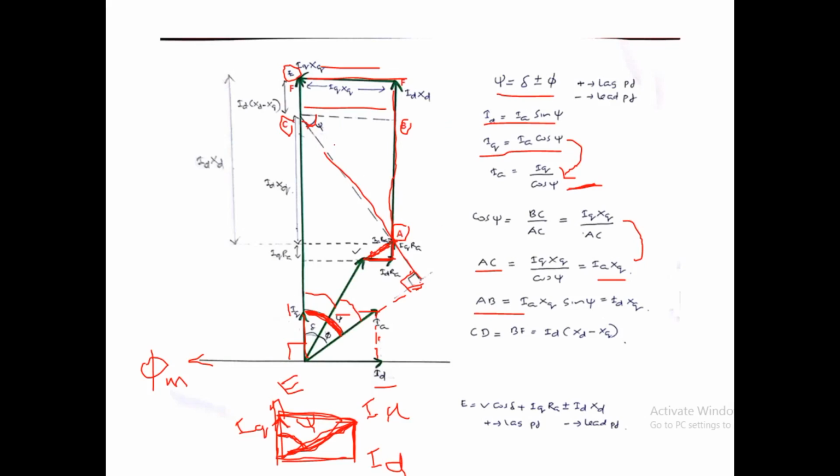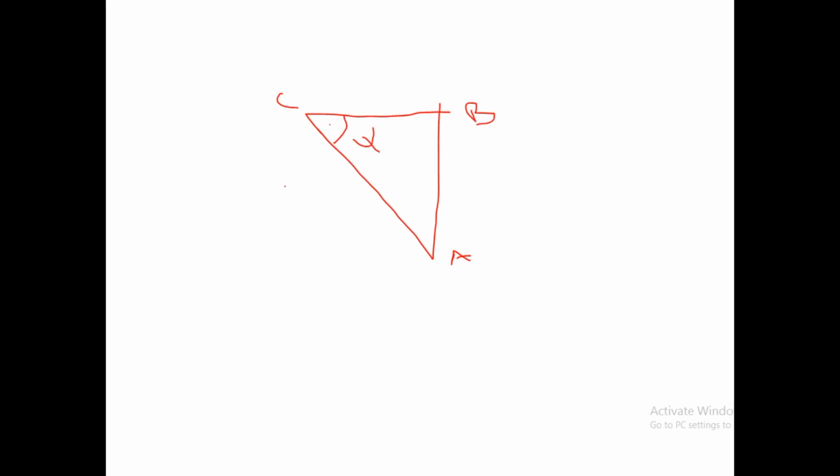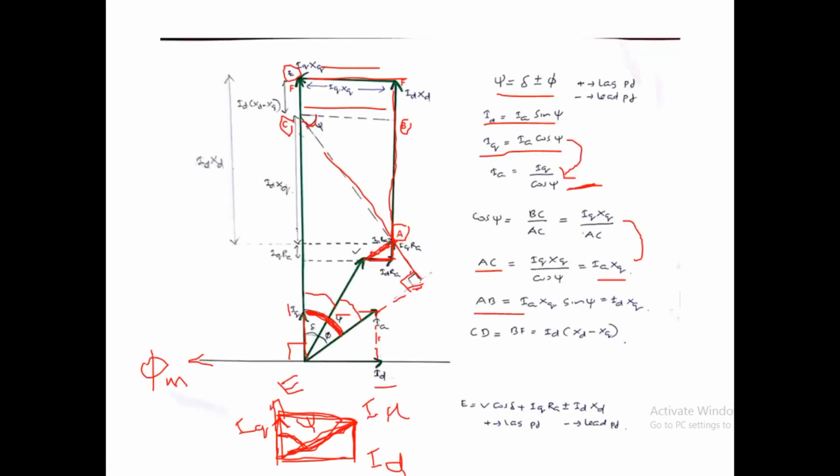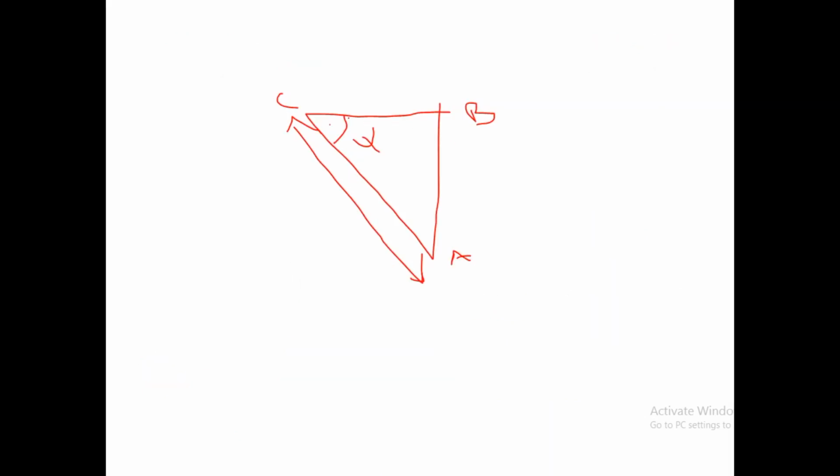We discussed that AC equals Ia into Xq. Now we have to find AB.